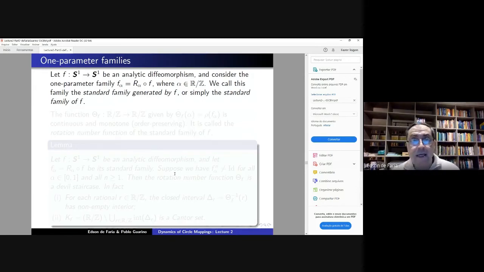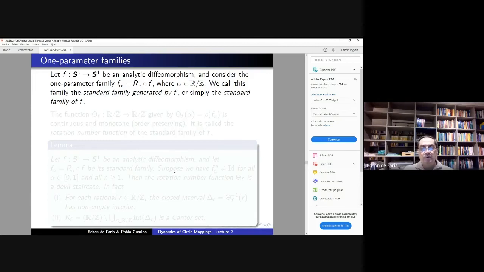Okay, so given any analytic diffeomorphism, so for this part, I'm only going to look at analytic maps, right? If you're given an analytic diffeomorphism, you can always precompose it with a family of rotations, and you can generate a one-parameter family of analytic diffeos, which is this family F sub alpha that you see there.